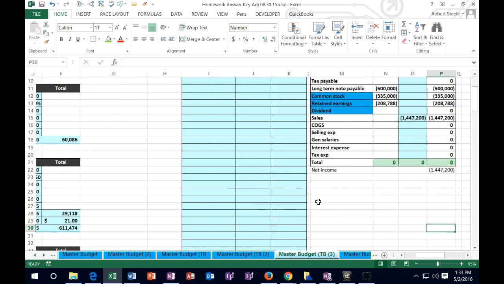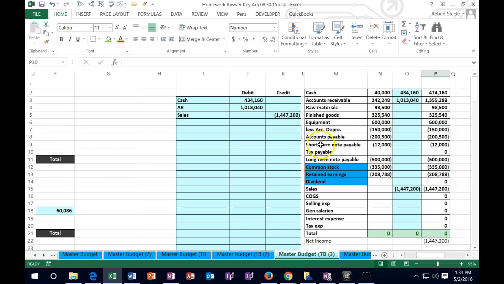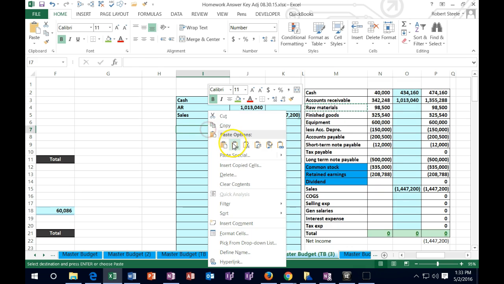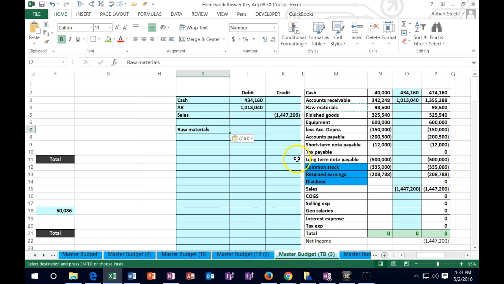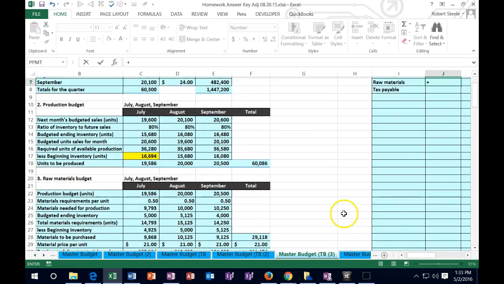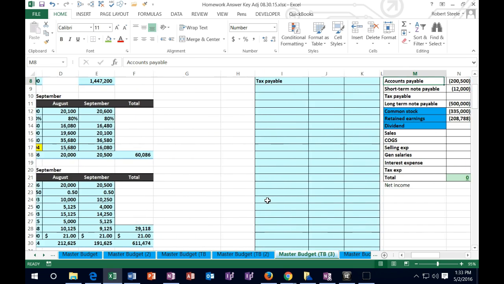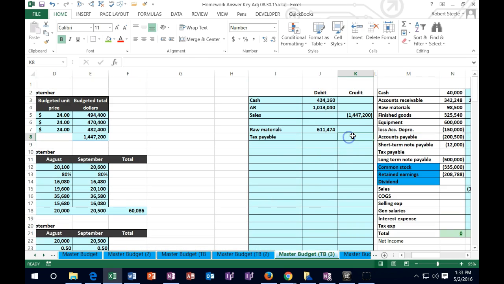So if we bought materials all on account, then materials would go up. So I'm going to say raw materials is going to go up with a debit, and then we're going to credit accounts payable here. So I'm going to do this fairly quickly. Accounts payable here, and that's going to equal the amount in our raw materials right there. And that's going to be the transaction to record the purchases of our raw materials.